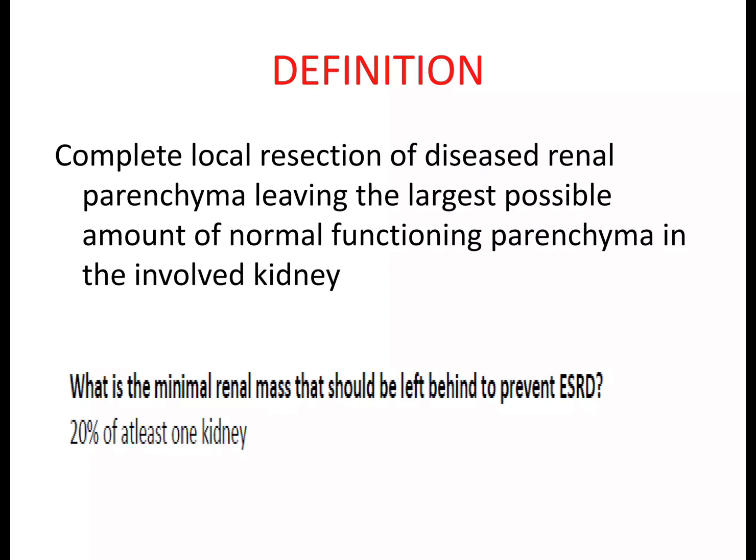Now coming to the definition of partial nephrectomy: complete local resection of the diseased renal parenchyma, leaving the largest possible amount of functioning renal parenchyma in the involved kidney. And you should leave at least 20% of the parenchyma behind to prevent the patient from end stage renal disease, whether with a solitary functioning kidney or normal kidney.